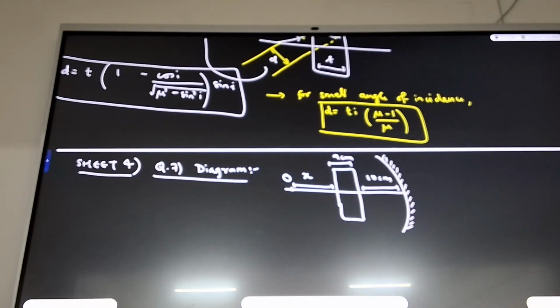Should I start with the question? Option B. Option B is incorrect.